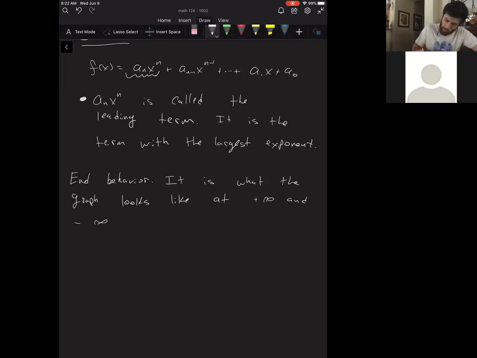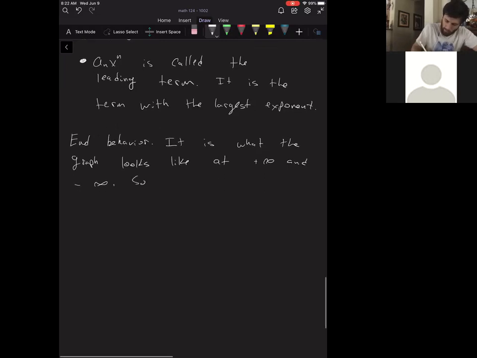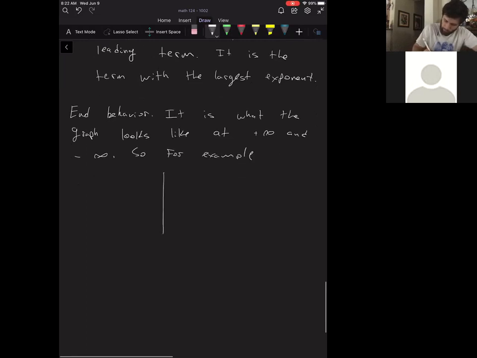So what we mean by that is, for example, say we have a graph right here. Maybe it goes down, so something like this, it does some squiggles in the middle, that doesn't really matter, and then it goes down over here.